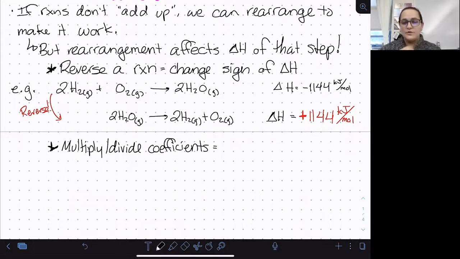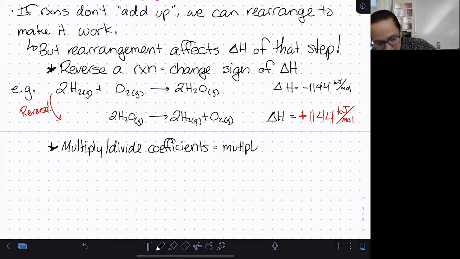When we're changing the coefficients, we're changing the amount of moles of substance that we are representing as reacting. If we're reacting more material, there's going to be more heat transferred. If twice as much stuff reacts, twice as much heat is transferred. If half as much stuff reacts, half as much heat is transferred. So all we need to do is multiply or divide delta H by the same factor.